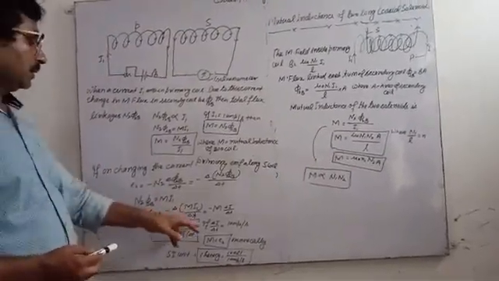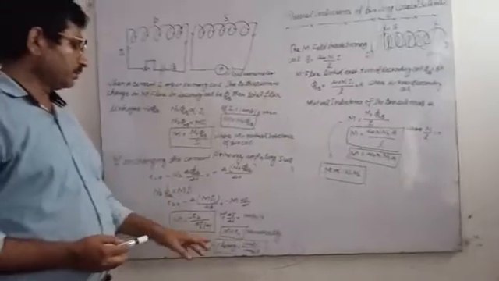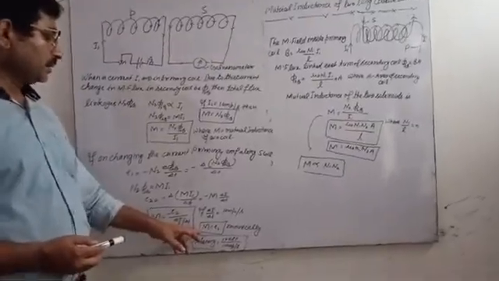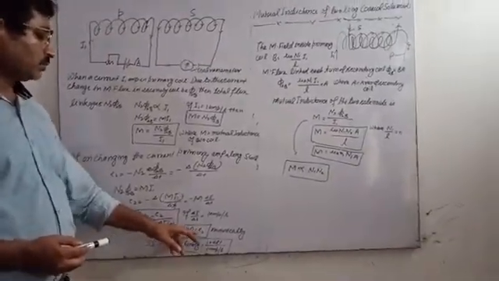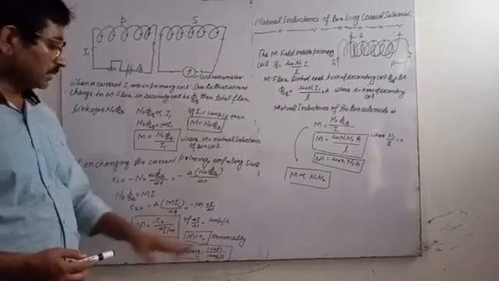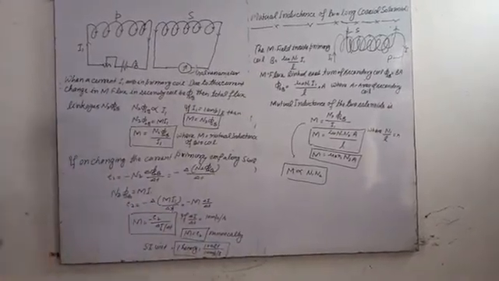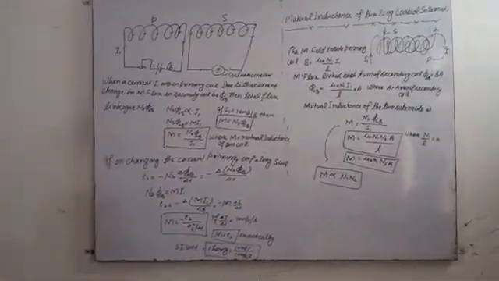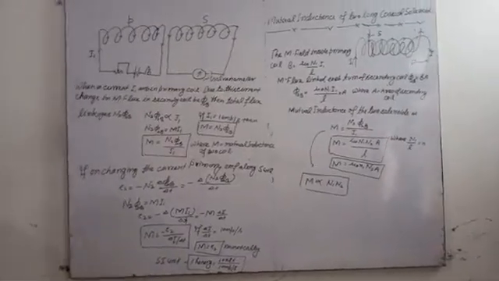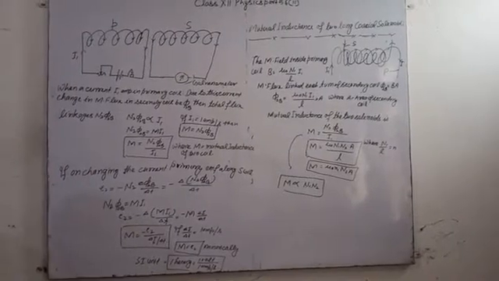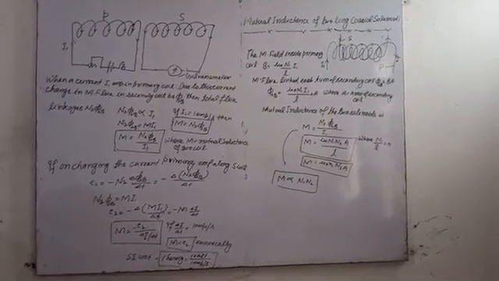If delta I by delta t equals 1 ampere per second, then M equals E2 numerically. That means the mutual inductance of two coils, M, equals E2, the induced EMF along the secondary coil.